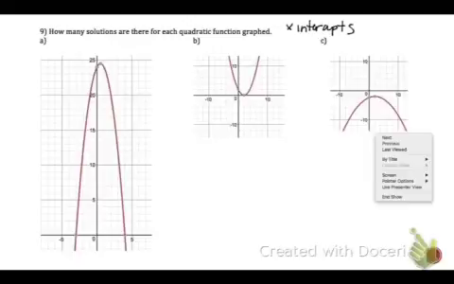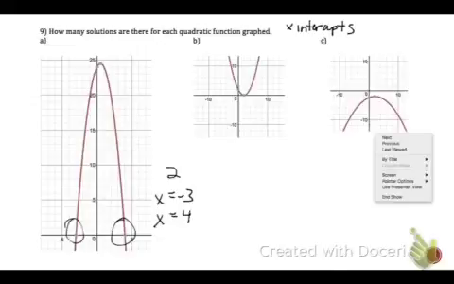So on A, we've got 2 x-intercepts. So our solutions, there are 2. Let's go ahead and name them. So x equals negative 3 and x equals positive 4.